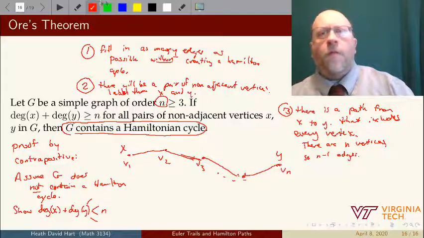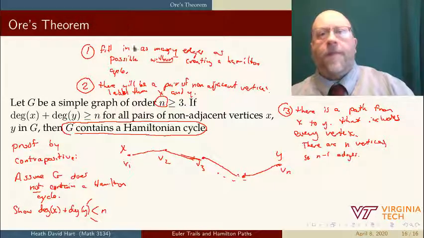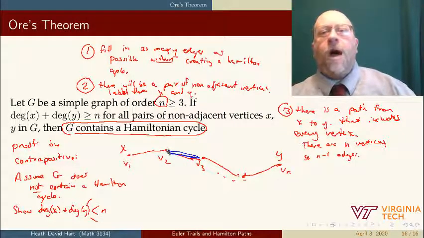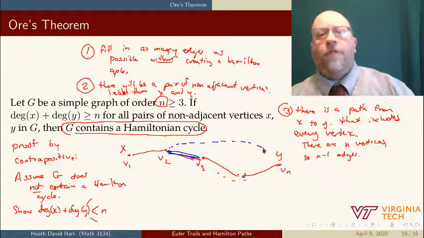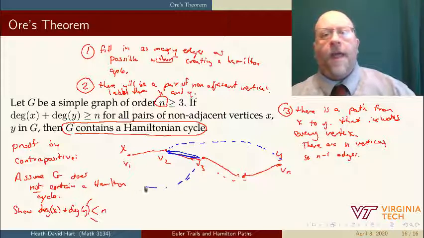So here's where the tricky step occurs. For each edge, I'm going to look at 2 possible additional edges. The possible edge from V2 to y, and the possible edge from V3 to x. That is, the earlier vertex to the endpoint, or the later vertex to the starting point.